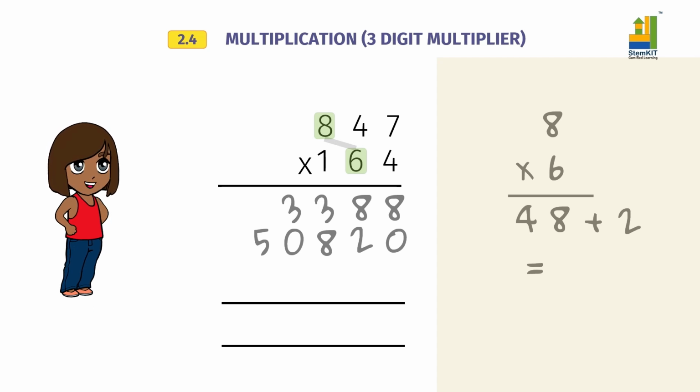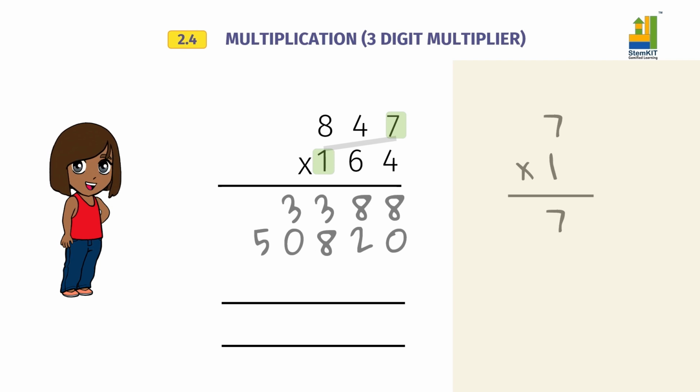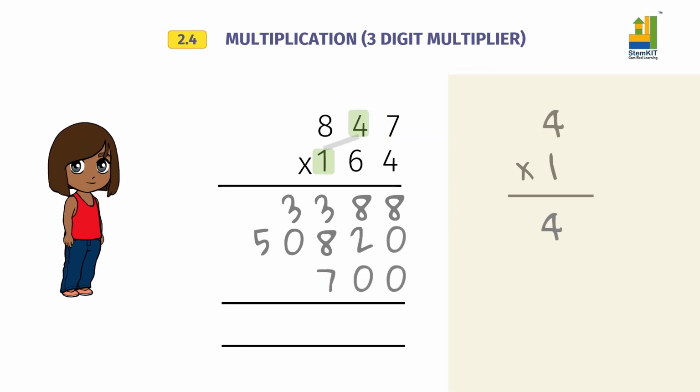Now we will multiply by the hundreds digit of the multiplier, 1. The place value of 1 in multiplier 164 is actually 100. We put 2 zeros on the right. 7 into 1 equals 7. 4 into 1 equals 4.